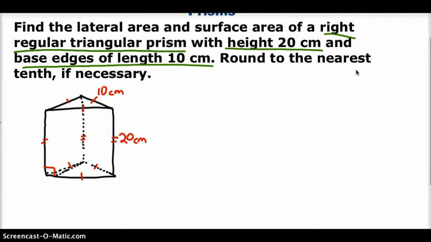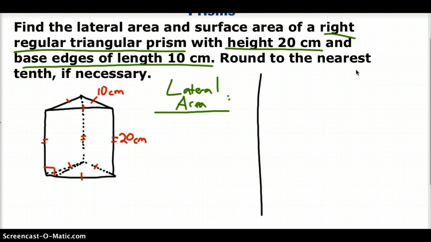Right, and what we're interested in is a couple different things. We're interested in the lateral area, as well as the surface area.